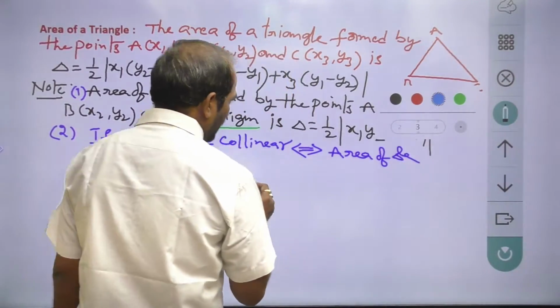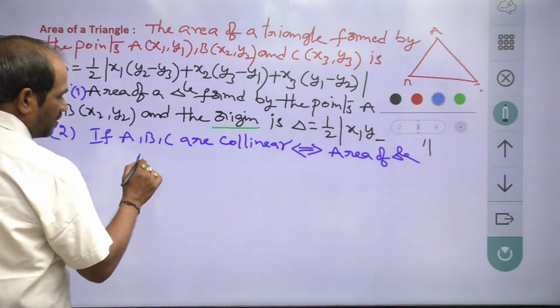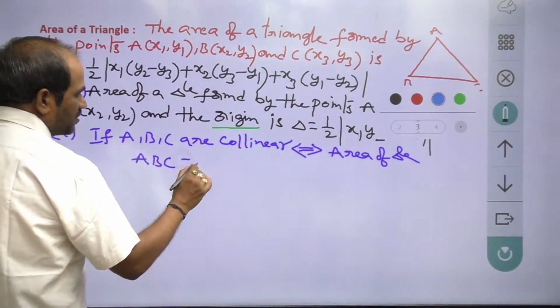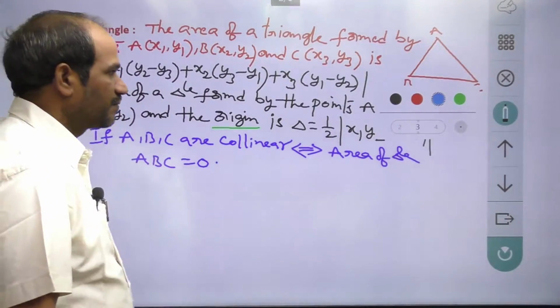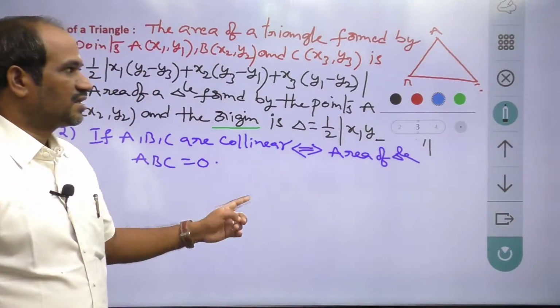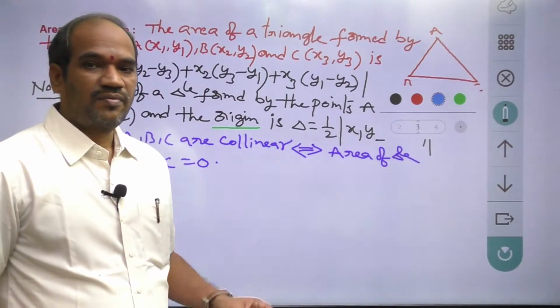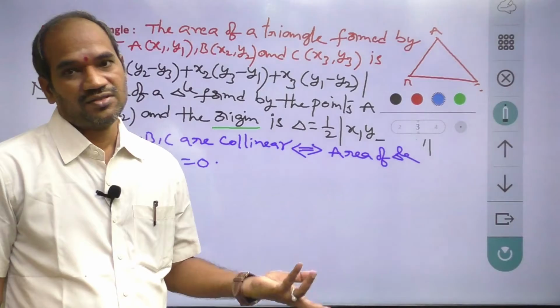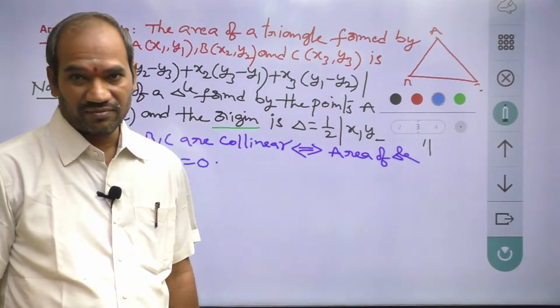Collinear means 3 points lie on the same line. Area 0 means the points are collinear.